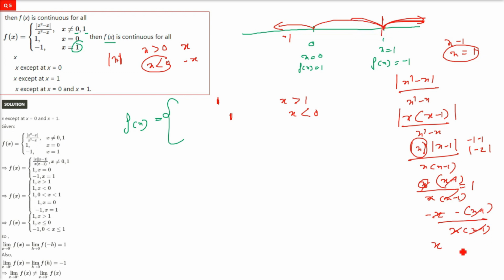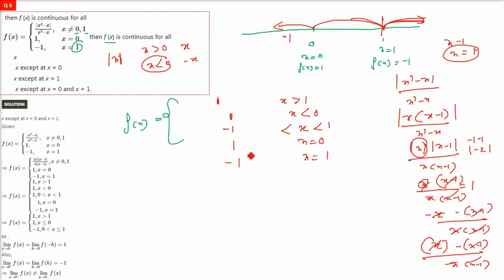But x, when it is greater than 0, is going to give you a positive value. So x and minus (x minus 1) will be there. Denominator you have x into (x minus 1). So you can just cancel this, you will get negative 1. So negative 1 you have for x between 0 and 1. And please remember, x equals 0 is already given in the question. x equals 1 is also given in the question.